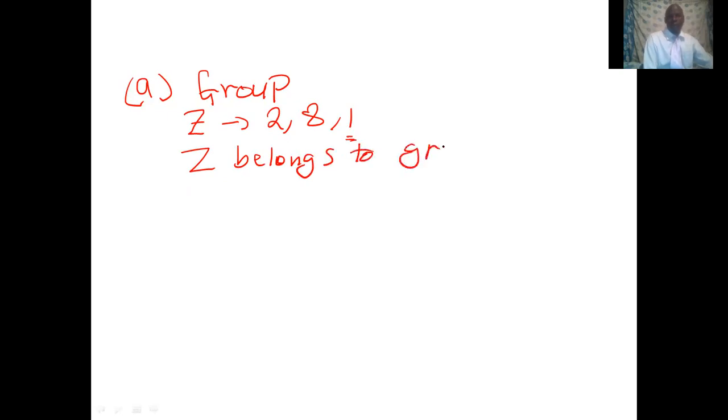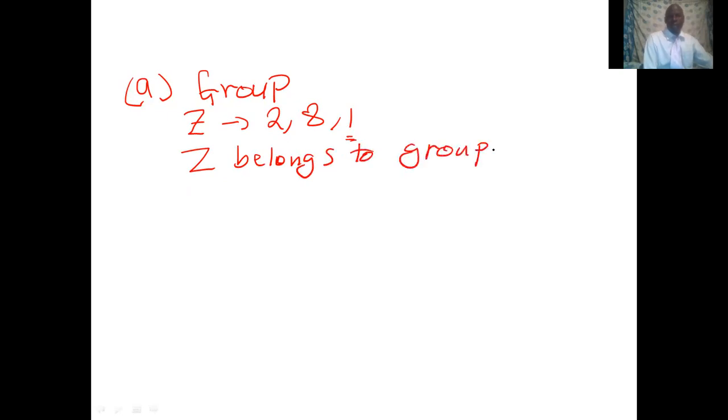For Z, as we stated, it is 2, 8, 1. Therefore, you have to look at the outermost valence electrons, and Z belongs to group 1.